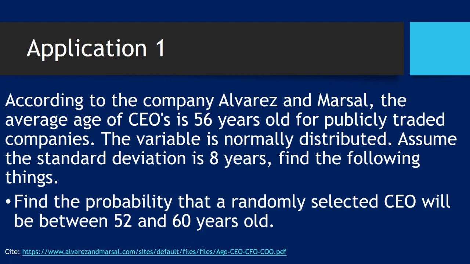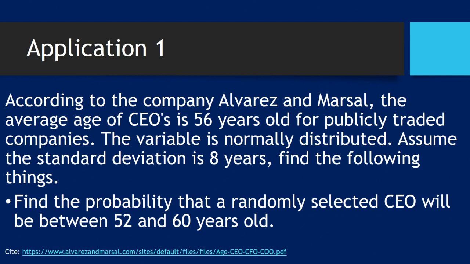So here's what we're going to do. It's pretty straightforward. The average age of a CEO is 56 years old, so we know that the mean is 56. We assume this is normally distributed, and we're assuming that the standard deviation is 8.